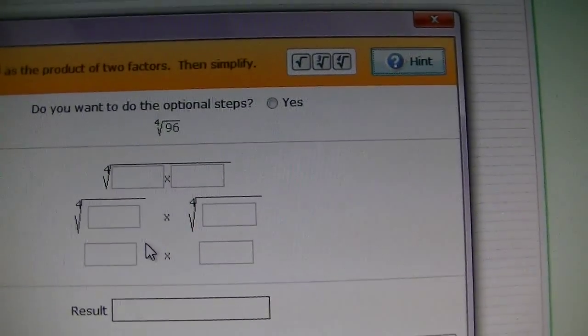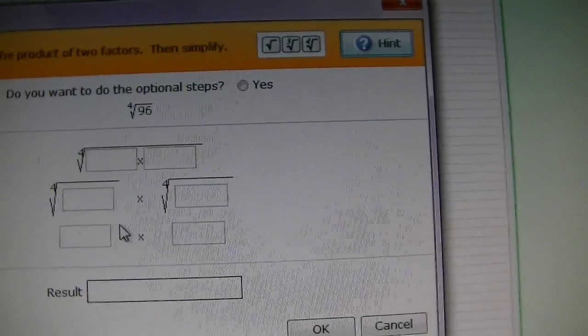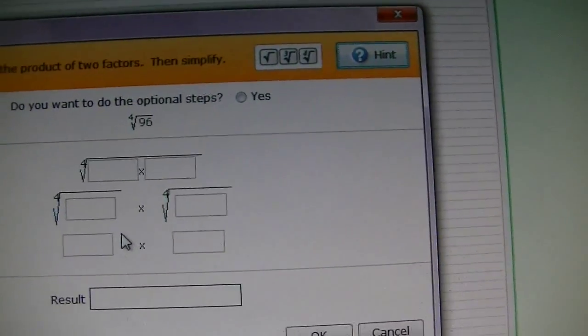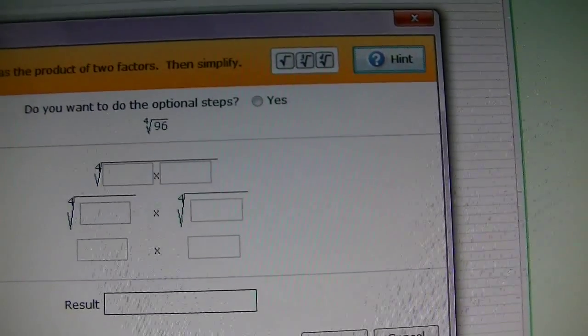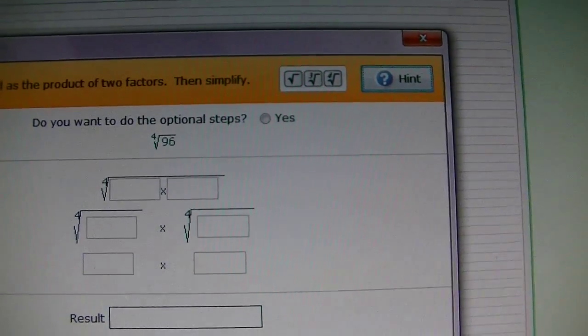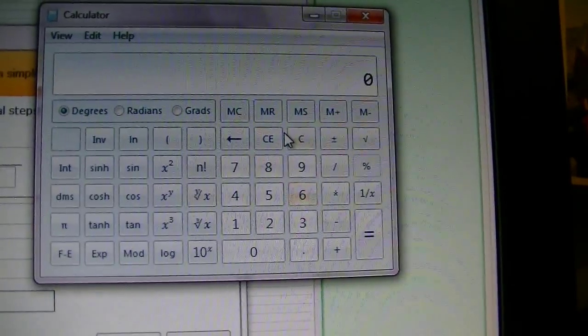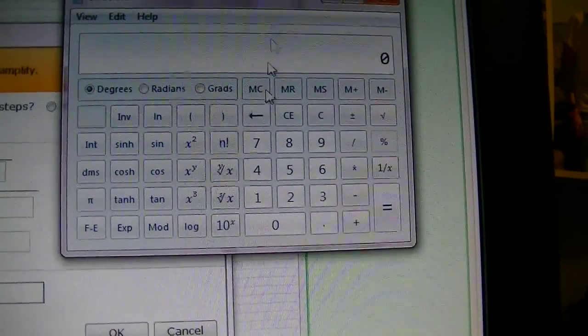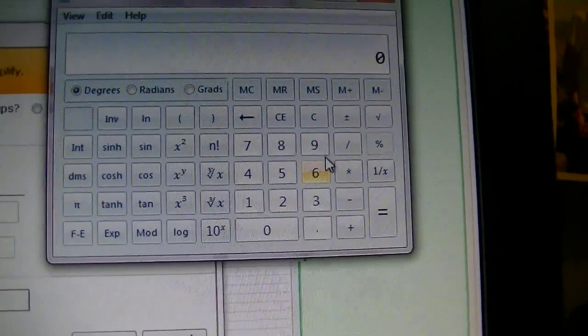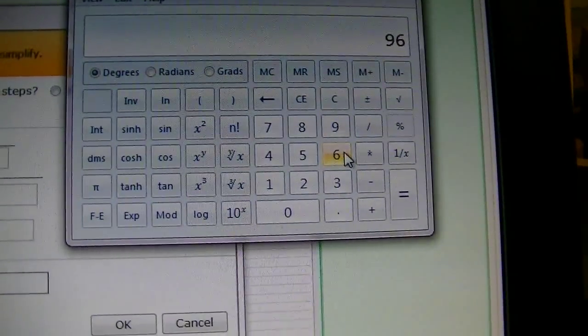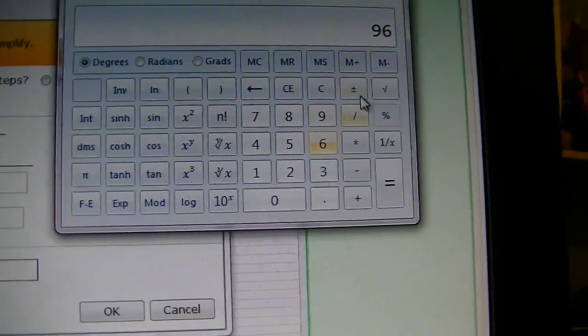Okay, so then we need to figure out what in the world goes into 96? It's probably divisible by 2, maybe 4. I might bring up a calculator just to try it out myself. And I'm guessing 16 because I did this before. So try perfect squares.